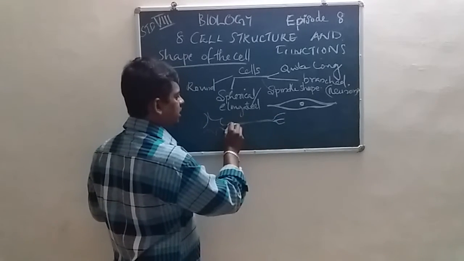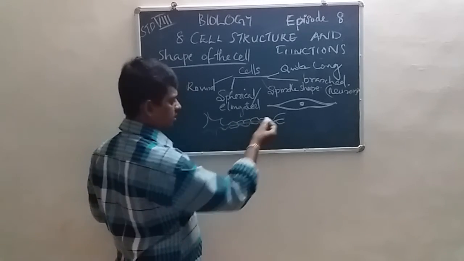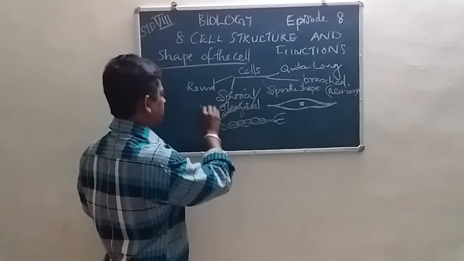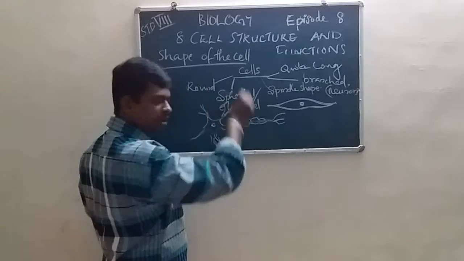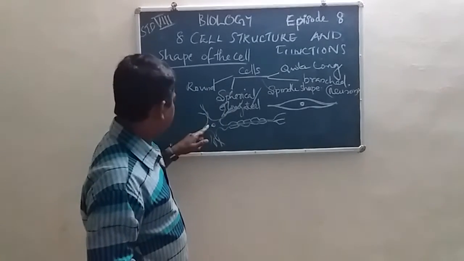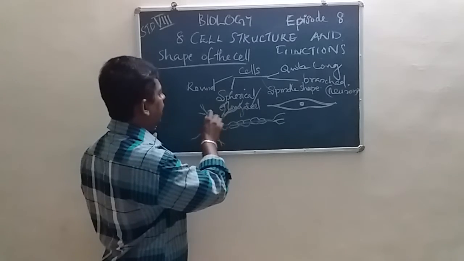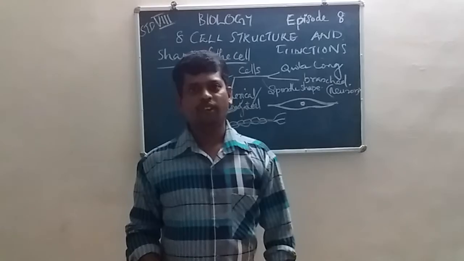The axon is covered with a myelin sheath, and the cell body is branched. There is cytoplasm and a nucleus, and this is the dendron and these branches are dendrites.